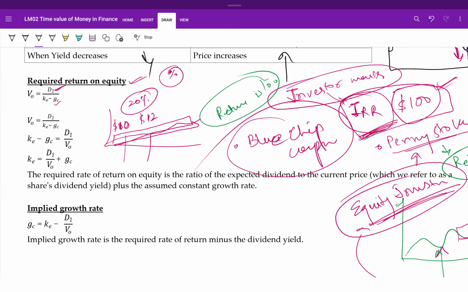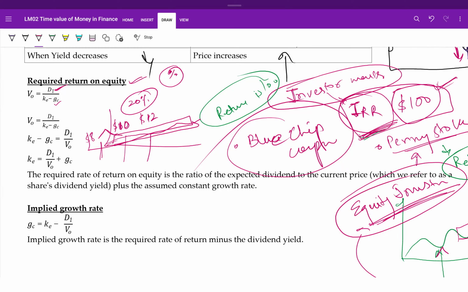So from this 10 to 12, I can assume that previously the company has been growing at a rate of, 8 would not be the right percentage, but let's assume that it grew.